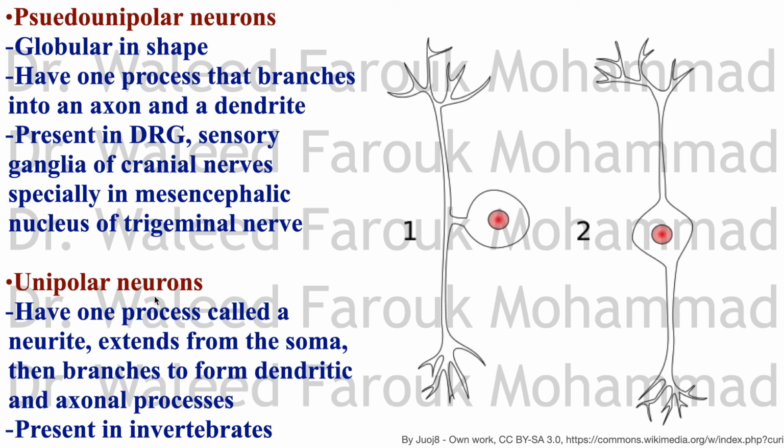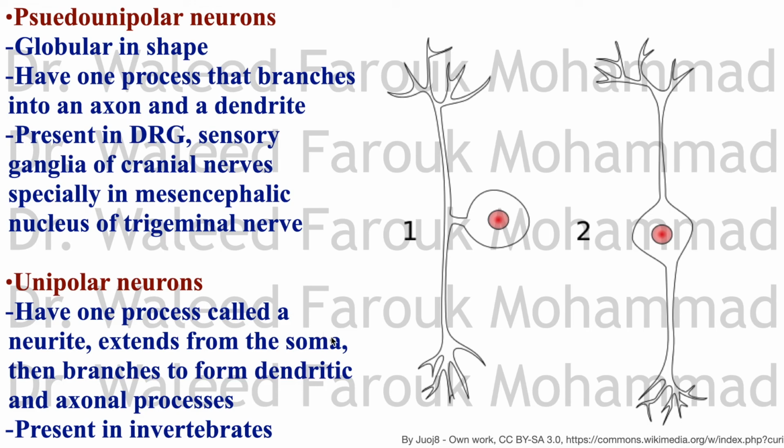Unipolar neurons are rare in human beings, but present in invertebrates, and characterized by fast response. Marine life, the creatures change direction at very fast speeds depending on unipolar neurons.